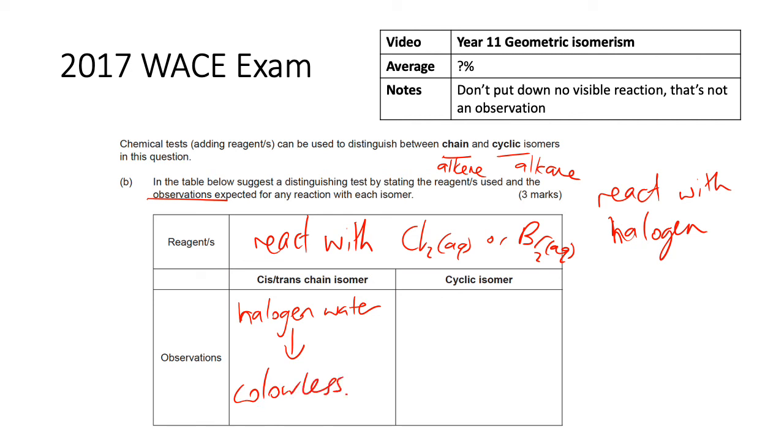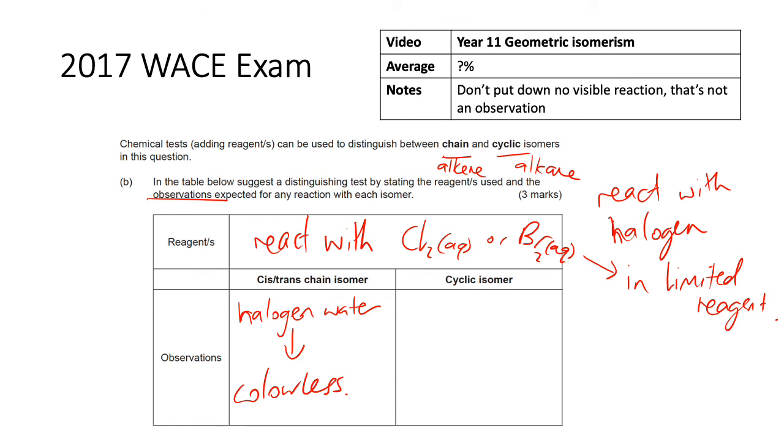You should have the Cl2 or the Br2 as the limiting reagent, because you want it to become colorless. Or you can say that it's the excess of the chain or cyclic isomer.